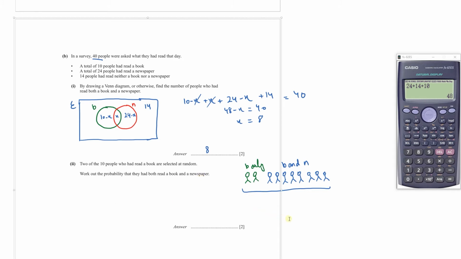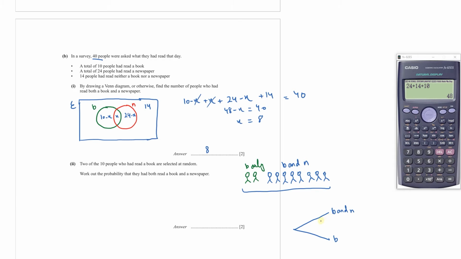So let me quickly draw the probability tree diagram to help you understand. The first probability is that you choose a person and the person has read both the book and newspaper. And the other probability is that the person has only read the book.